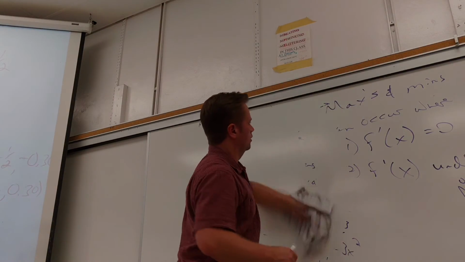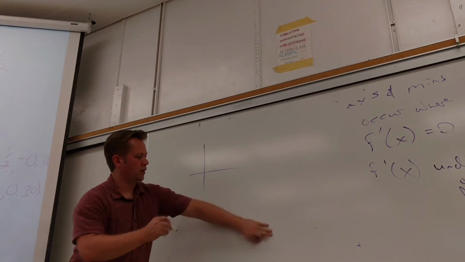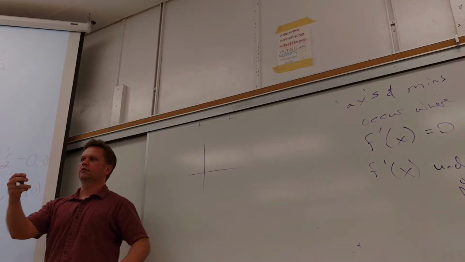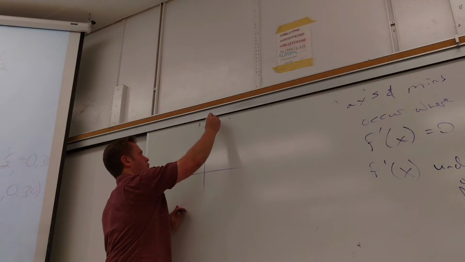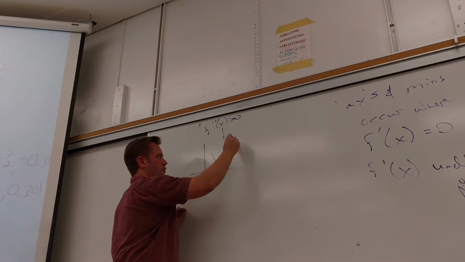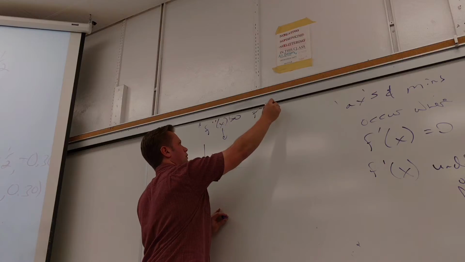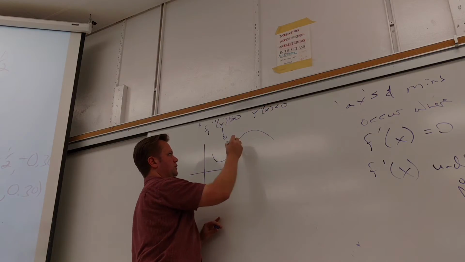The slope is becoming more positive. Yeah, slope is increasing. So if f double prime is positive, it's going to be cup up. And if f double prime is negative, it becomes cup down.